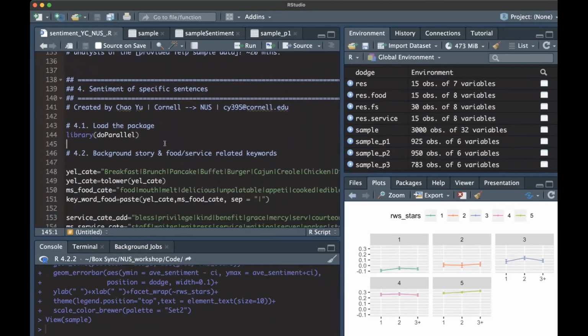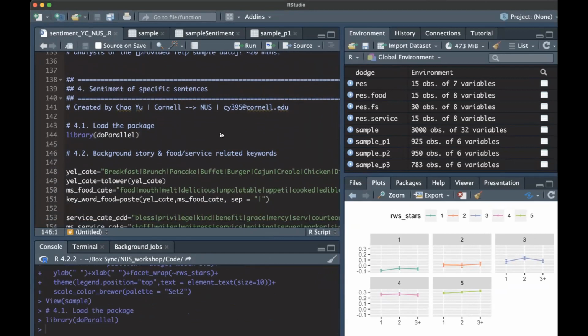Now for this part, we do need another package. This just makes things easier and allows you to do parallel tasks.